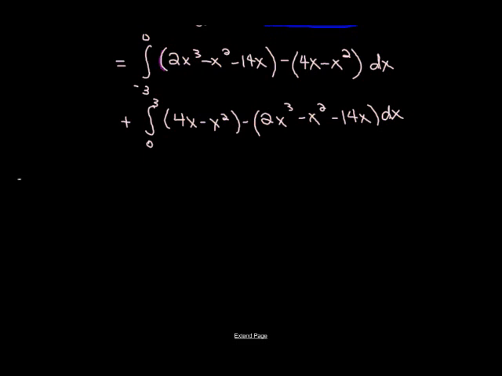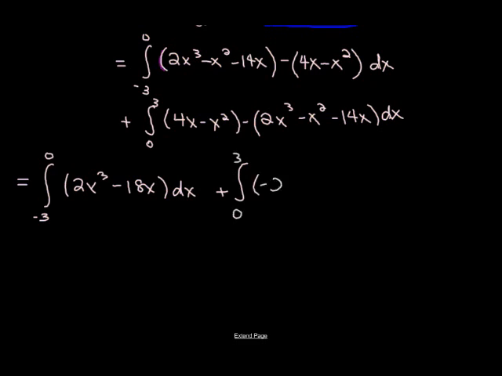If we simplify our first one, we have an integral from -3 up to 0 of 2x cubed minus 18x dx. For area 2, we're integrating from 0 to 3, and after simplifying, we have -2x cubed plus 18x.